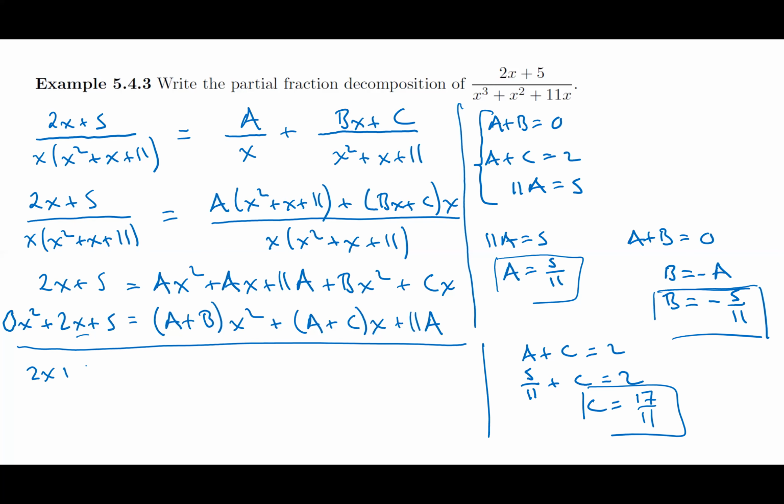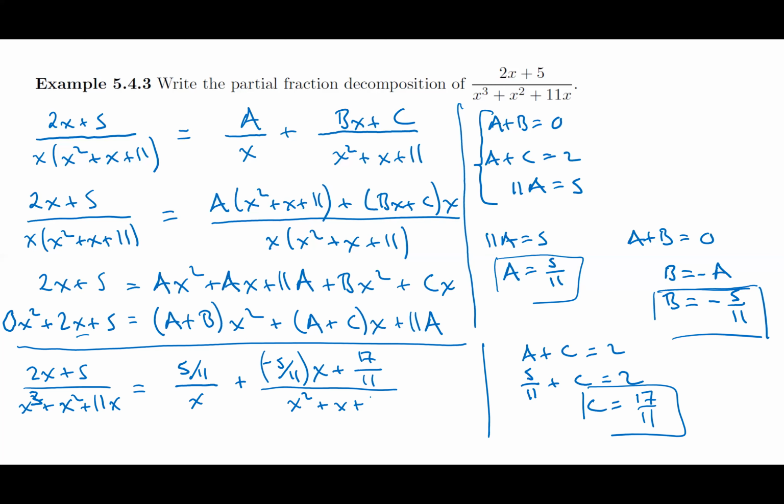Okay. And so my partial fraction decomposition will look like the following. And then negative 5/11 plus 17/11 all over x squared plus x plus 11.